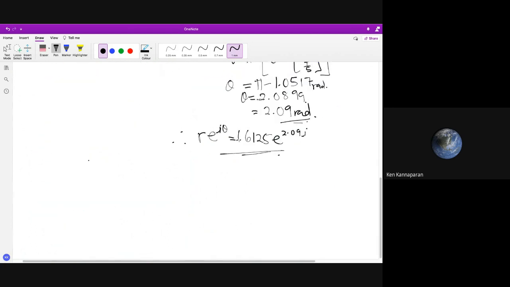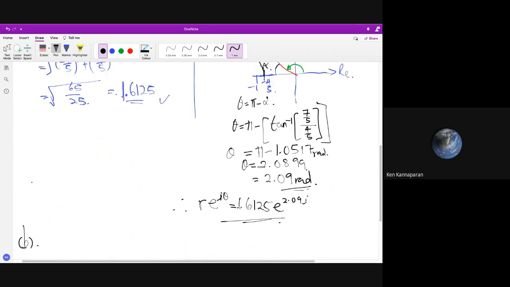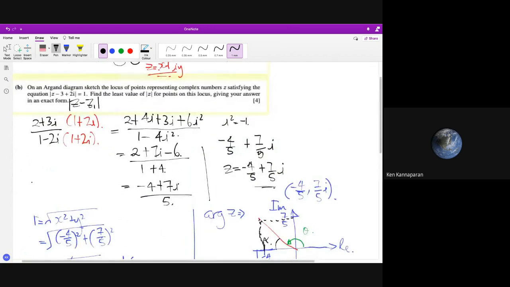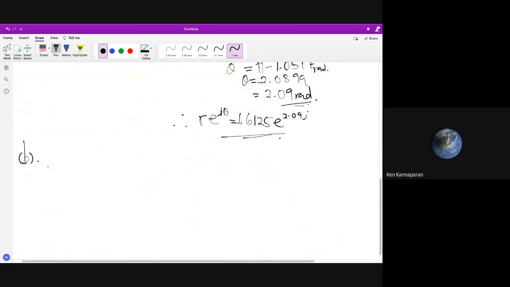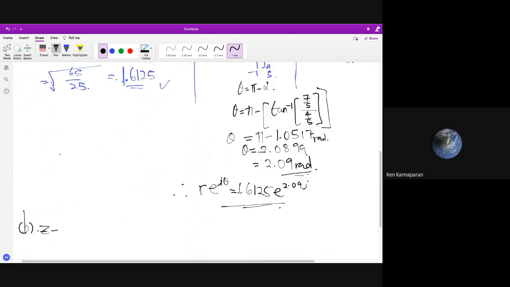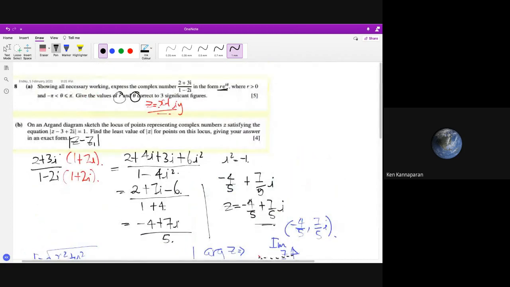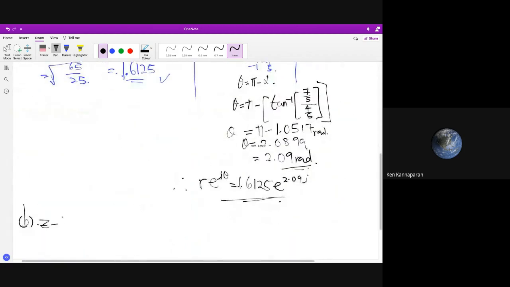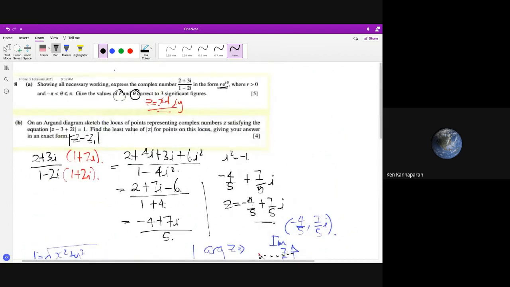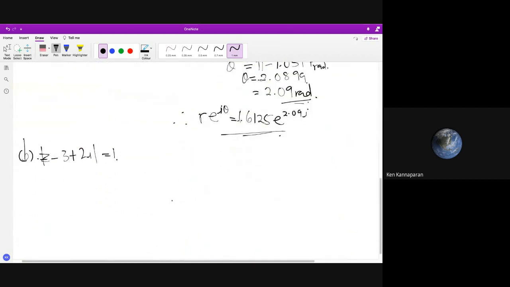Okay, part B. For part B, first of all, let's write down the function first. The equation is modulus of z minus 3 plus 2i equals to 1.